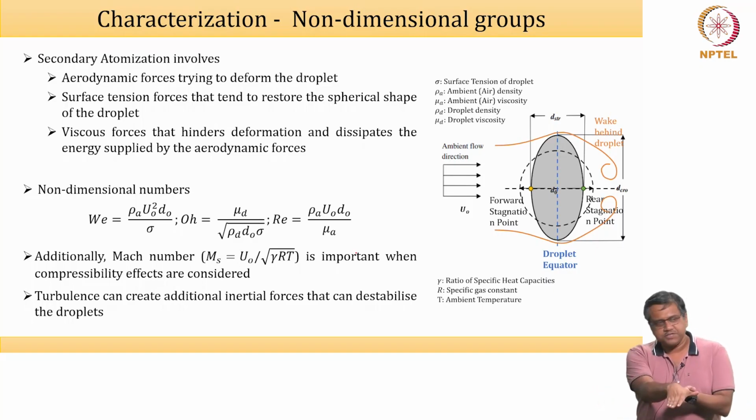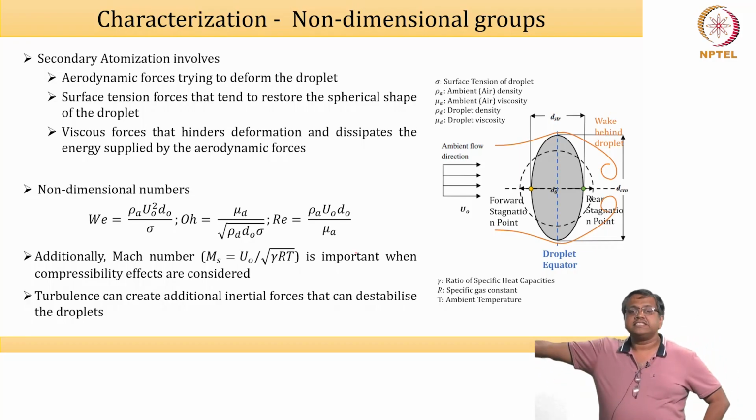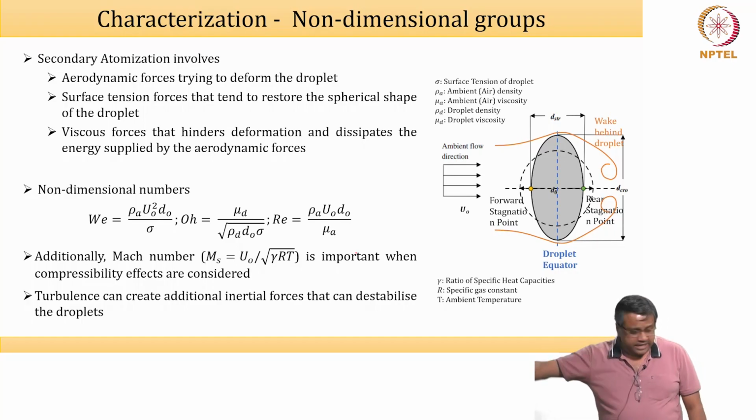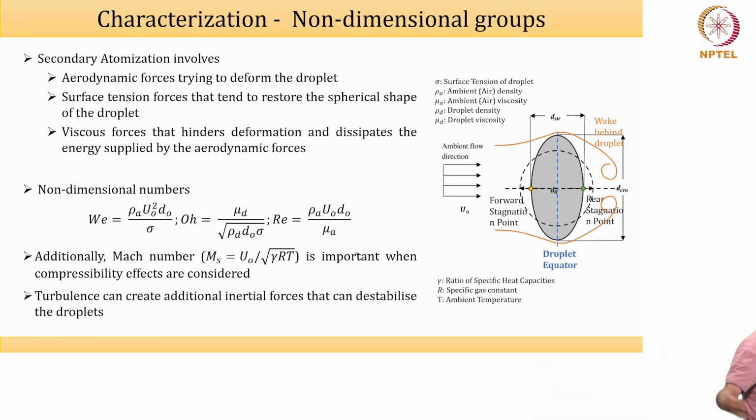When you have shear thinning and other kinds of behavior, you have the elasticity number also that should come into the picture. So things are not as rosy as they seem to be, but that's how things are. And of course, there are the density ratios and the viscosity ratios, everything else, that comes into the picture.